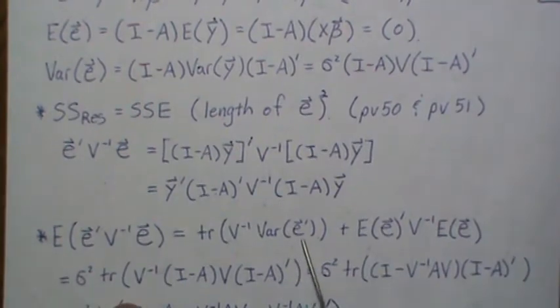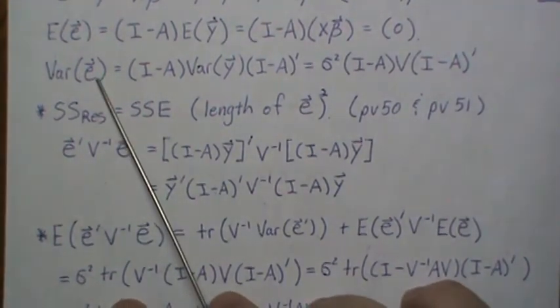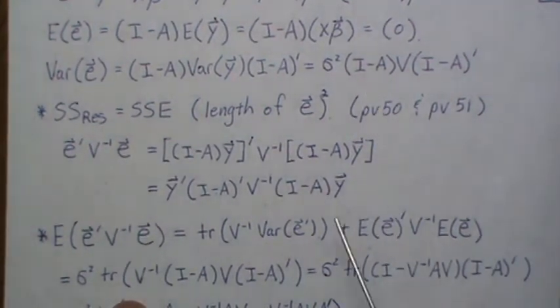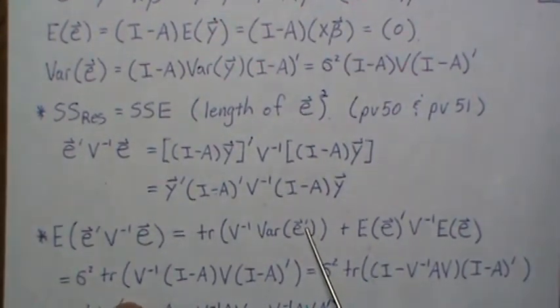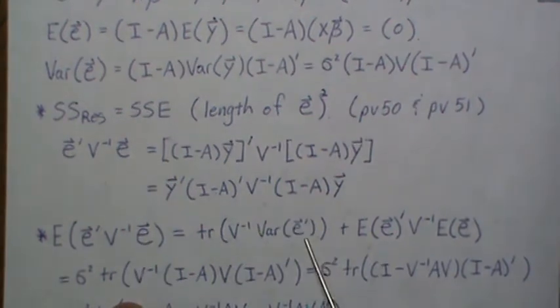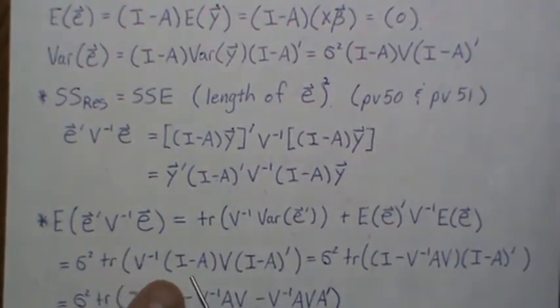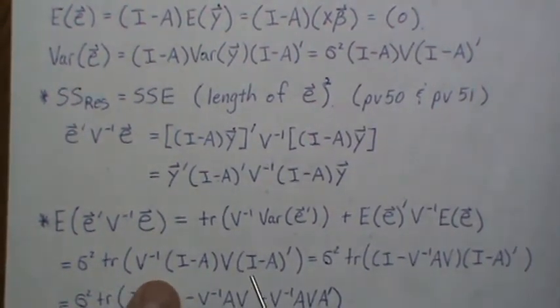Now the variance of the residual is this, and I don't know why there's a transpose there. It shouldn't be. So it's the variance of the residual, which is, so it's a trace of this product, which is this.